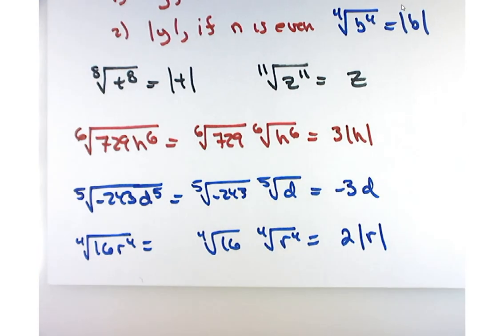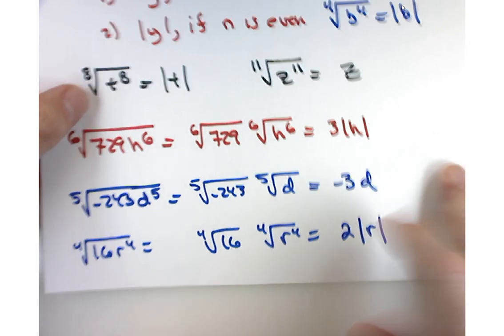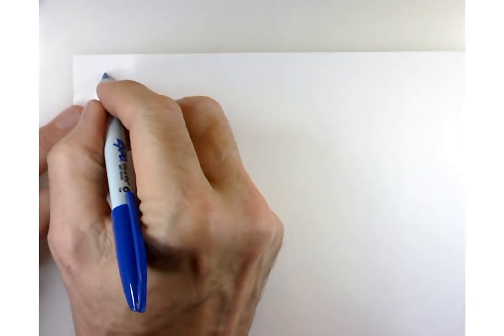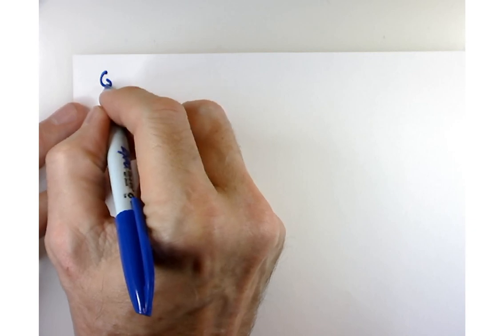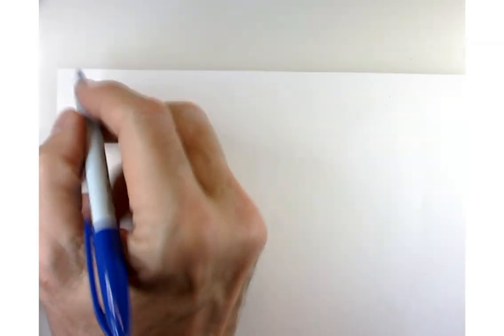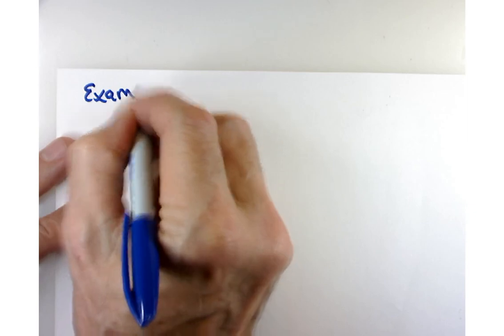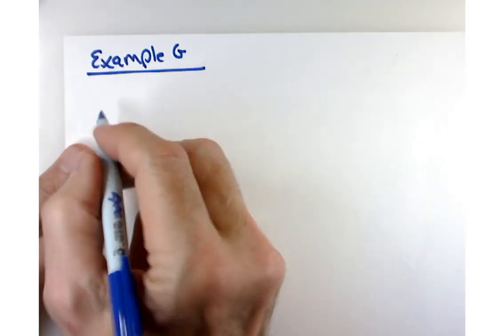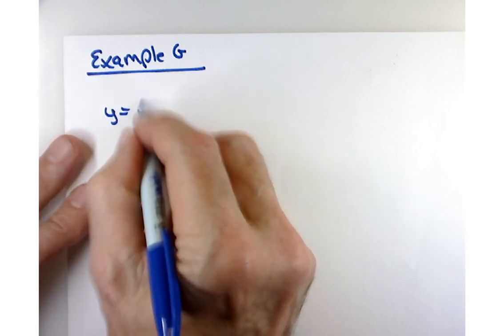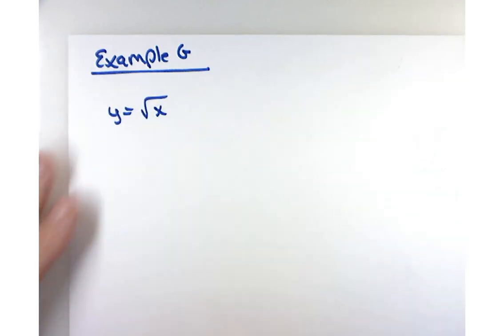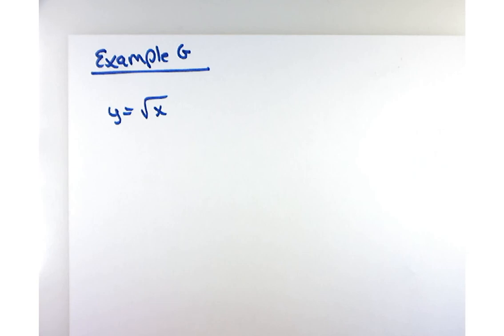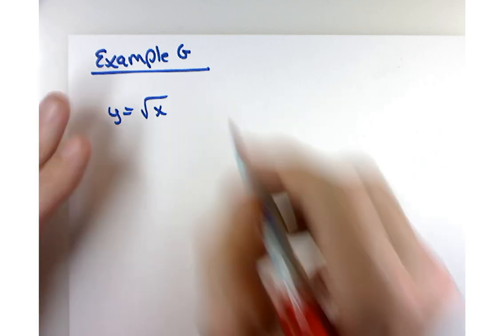All right, one last little thing to touch on before we finish up with this section, and that is a little bit of reworking or another visit to domain and range. So our last set of examples, example G. And what I want to remind you of, or maybe just tell you, because I don't expect that you really know this one off the top of your head, is the graph of the square root function.